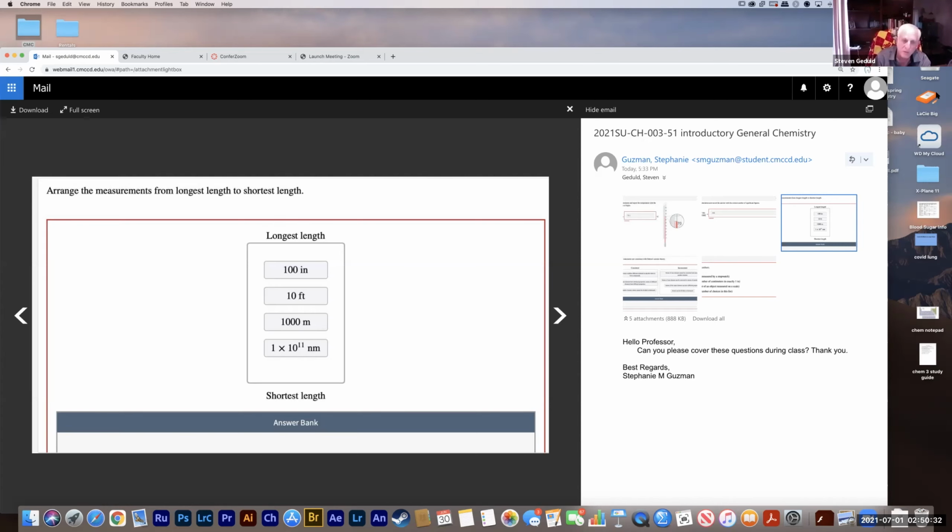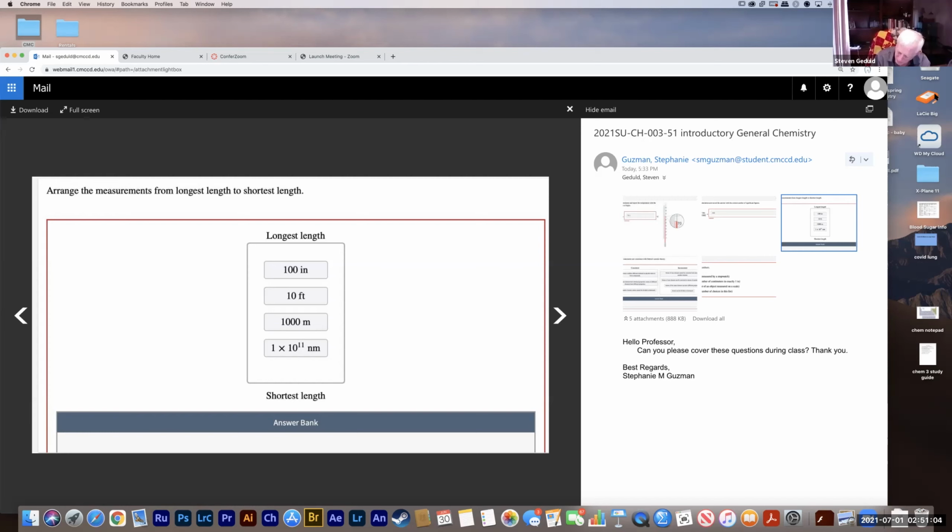That will convert that into meters. 10 feet, there's 3.28 feet per meter. And 1,000 meters is in meters. And 1 times 10 to the 11th nanometers, with nanometers on the bottom, 10 to the minus 9, and that comes out to meters.